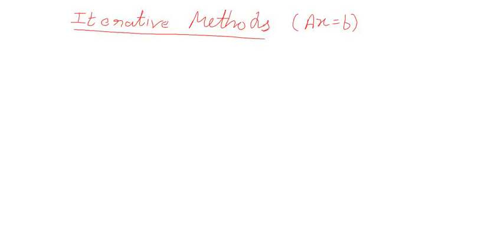If you look back, the direct method gives you the solution in a finite number of steps, right? However, iterative methods will generate a sequence of vectors, approximate solutions, that converges towards a solution.